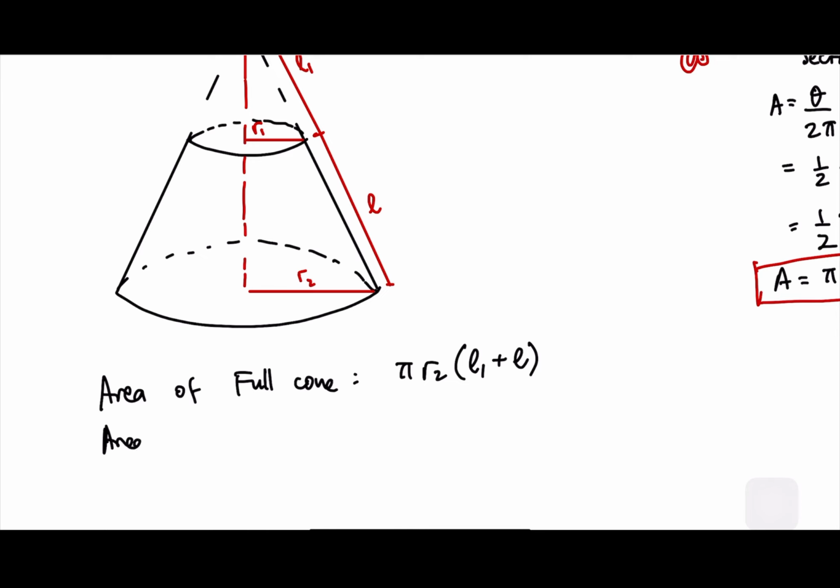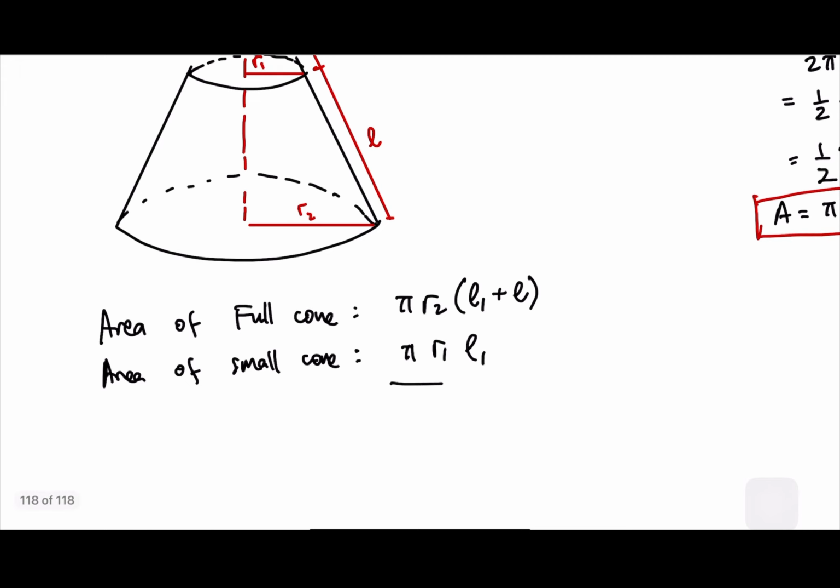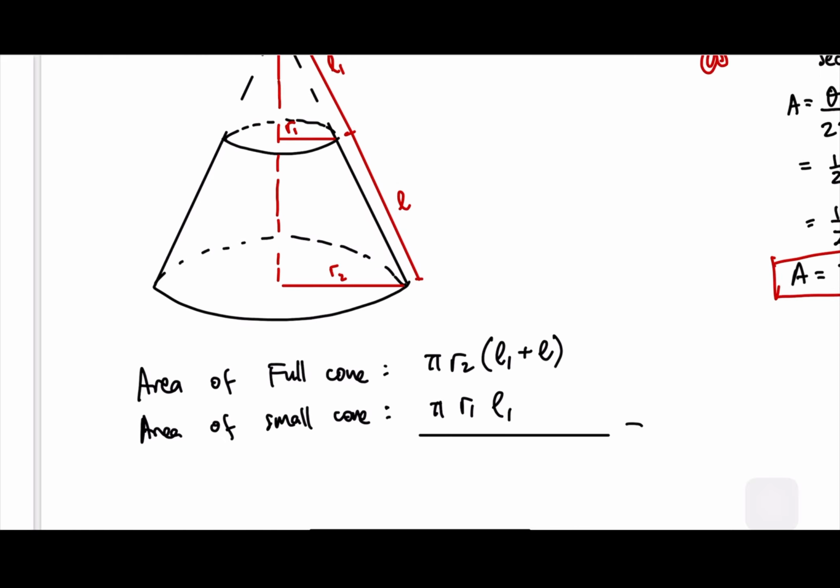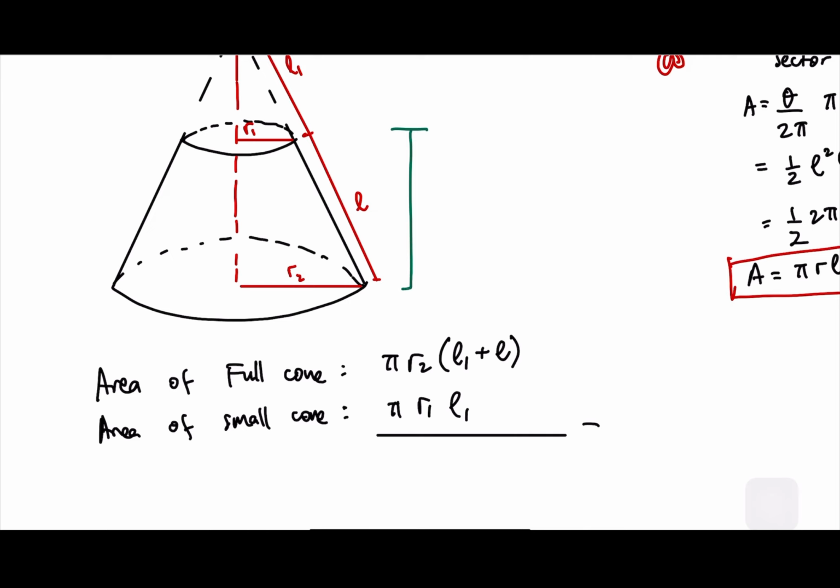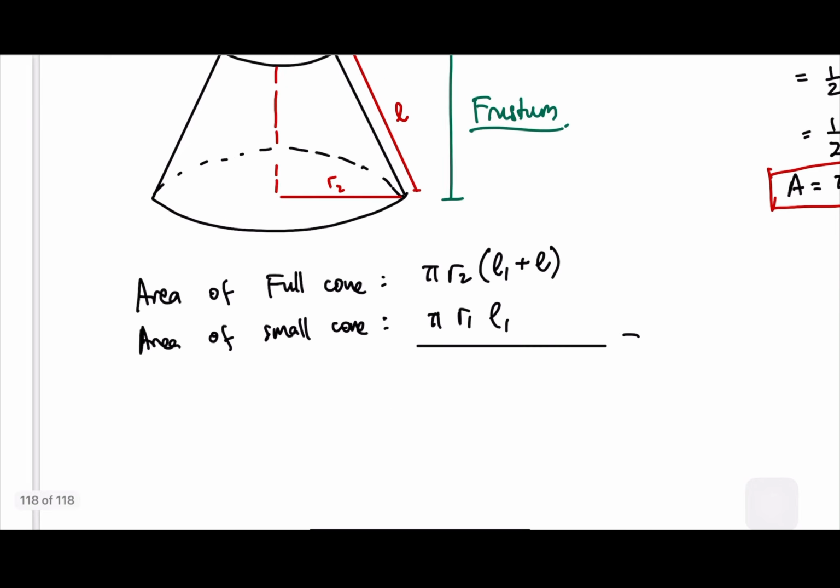And the area of the small cone will be pi r1 and L1, right? And we take this, subtract, okay? We call this a frustum.